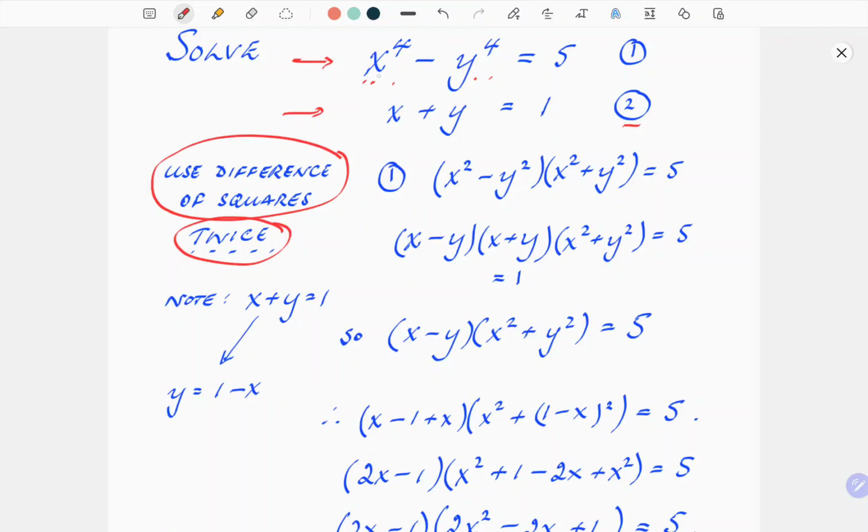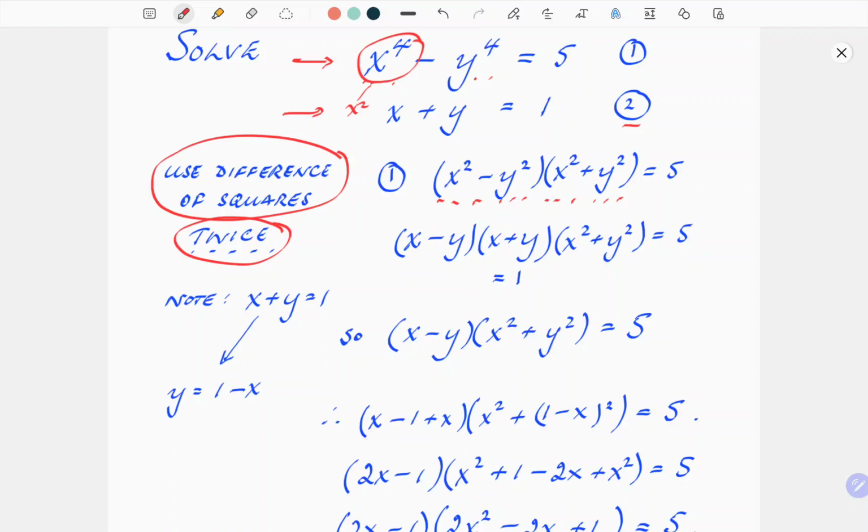So remember that the square root of x to the 4 is x squared. All right. So we get x squared minus y squared times x squared plus y squared equals 5 from equation 1.